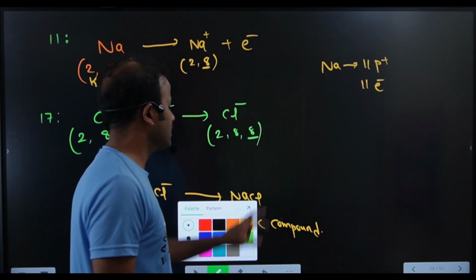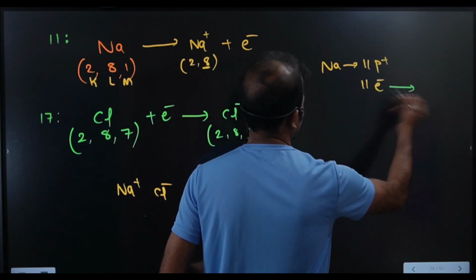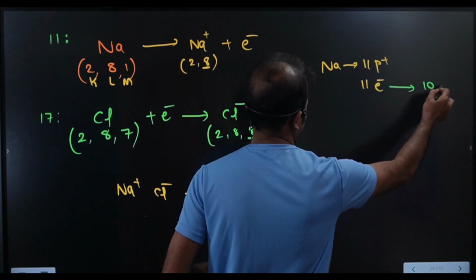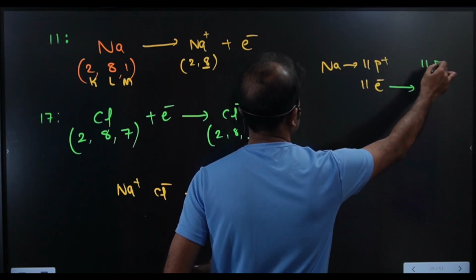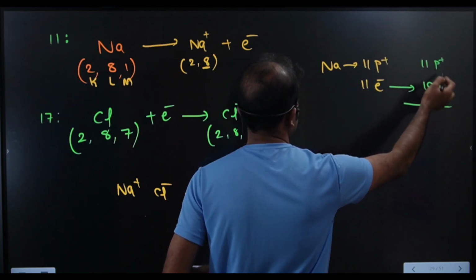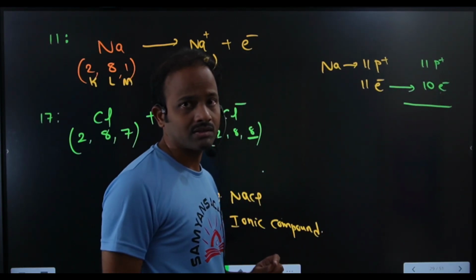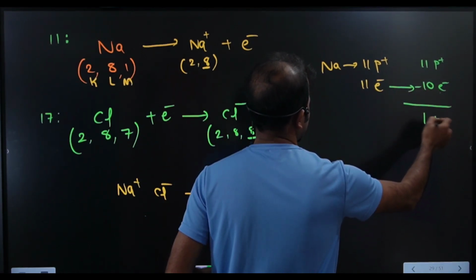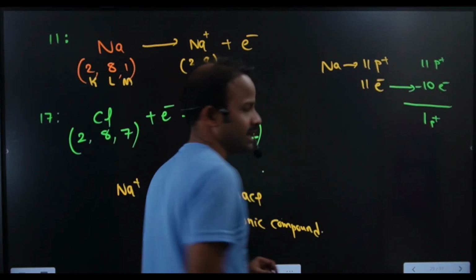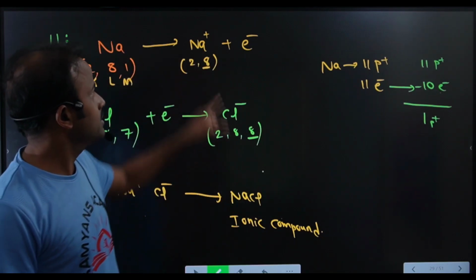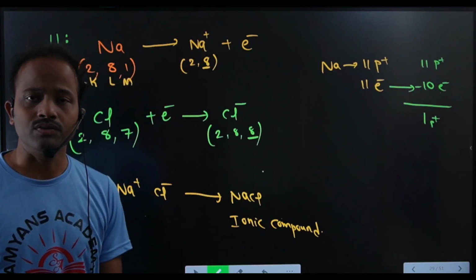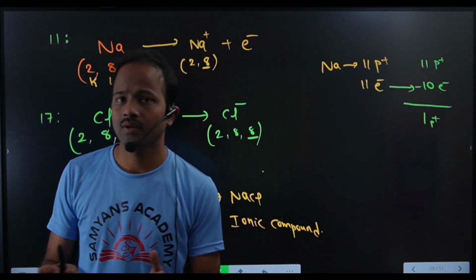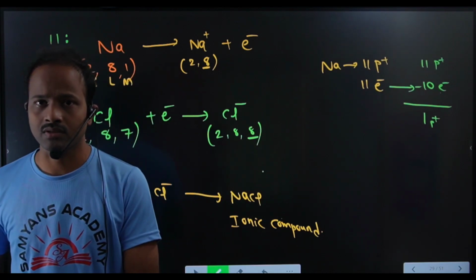After removing one electron, this becomes 10 electrons and the protons remain the same, right? So 11 positive charges are there, 10 negative charges are there. The net effect is 11 minus 10, which is 1 positive charge left over because one proton is in excess. So due to this, sodium will get the positive charge. Is it clear, everyone? Why is this sodium getting the positive charge, right?